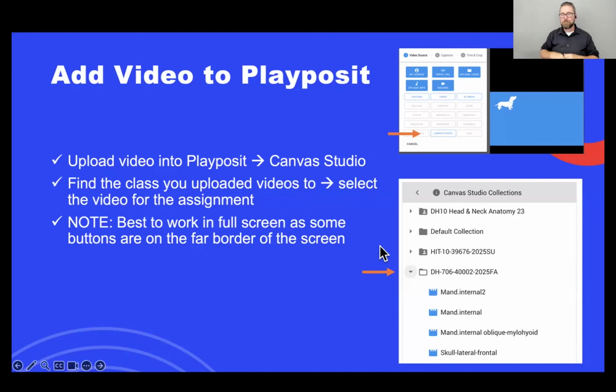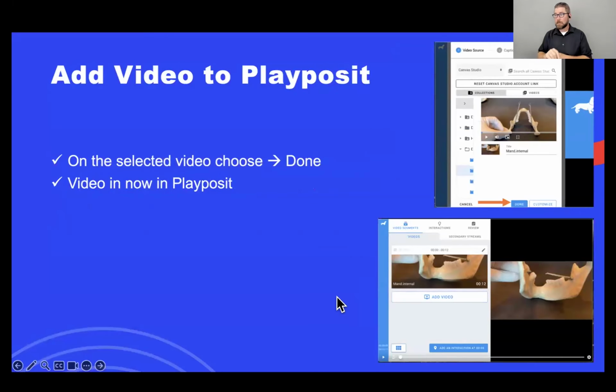The next thing that opens up is all the videos that I have available. So it gives you your classes. So I went to my class for this fall. That was that DH706. And I would just open that window and I can see all the videos that I have in there. And I would simply select the video that I want added to my PlayPosit. In the next screen, we see what it looks like when it gives you this box. So now it's put the video in, and then you have like this last chance.